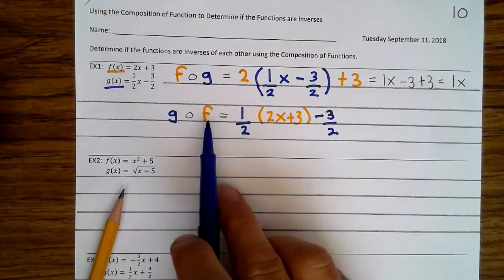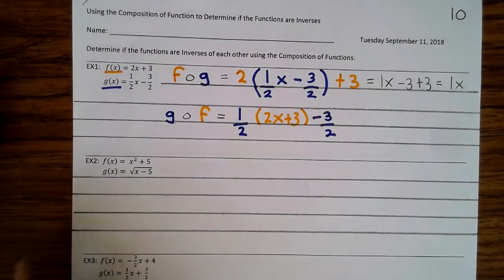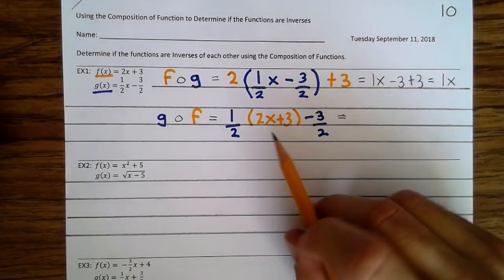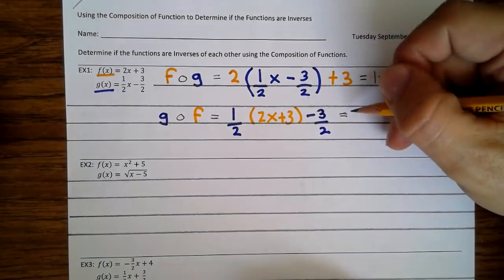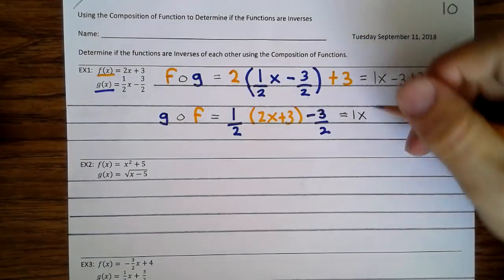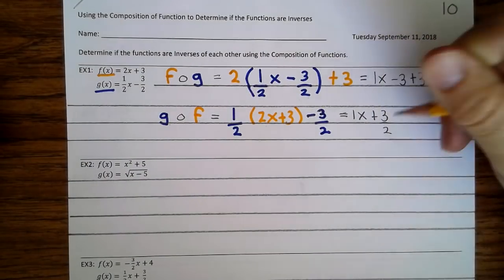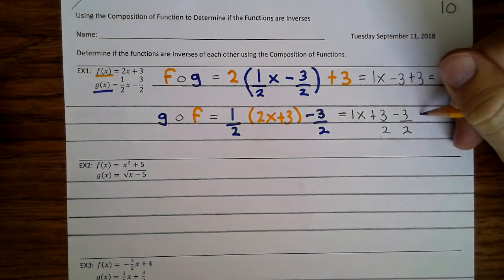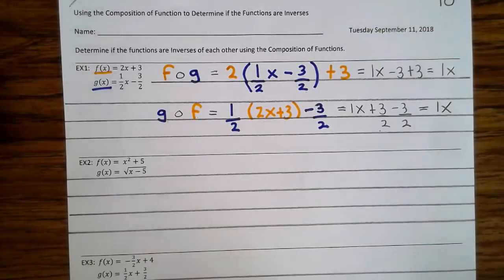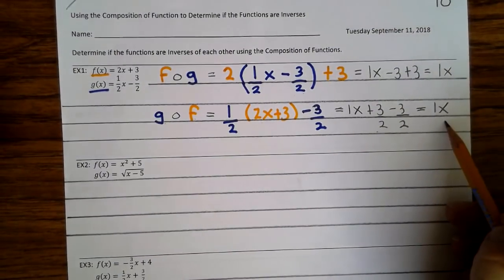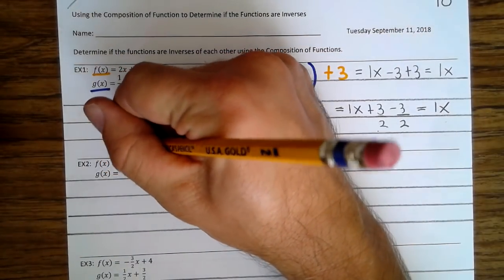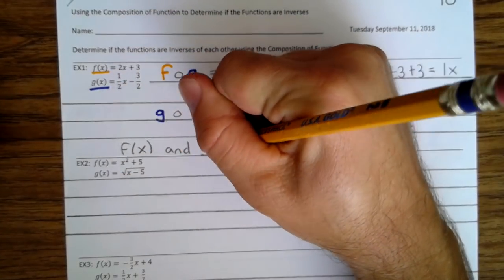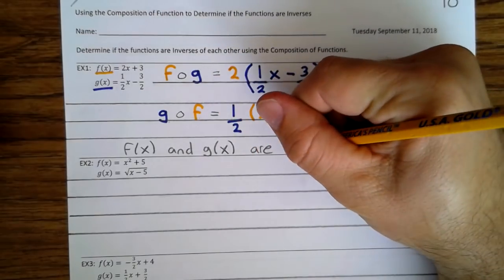So you can see that we put the function f into g of x. And now we simplify. Okay, so we distribute: 1/2 times 2 is 1, so that's 1x. And then 1/2 times 3 is plus 3 divided by 2, minus 3 divided by 2. These cancel and you're left with 1x. So since we got x for f of g and g of f, we can say that f of x and g of x are inverses.